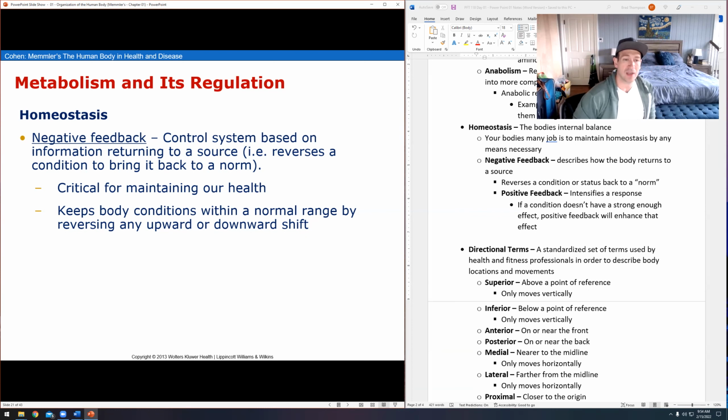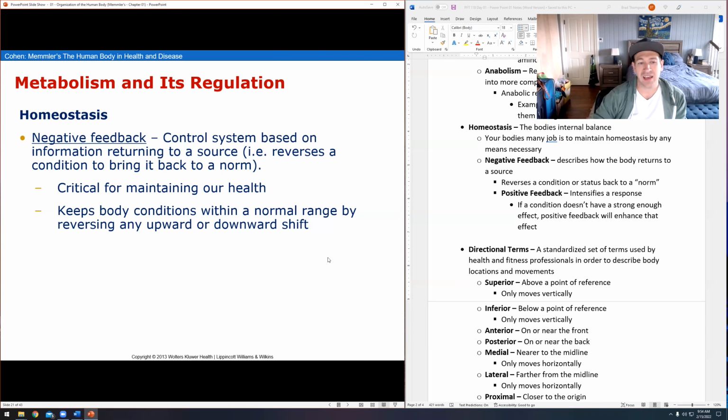So what it will do is a process called negative feedback. Negative feedback describes how our body gets back to neutral, right? So negative feedback is reversing a condition from outside of normal back to normal, okay?